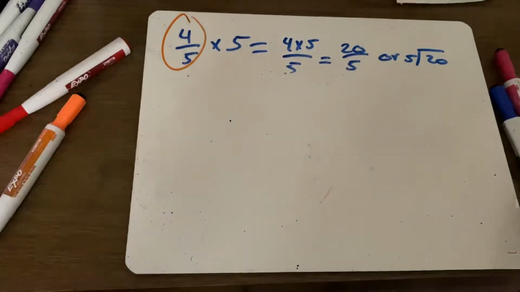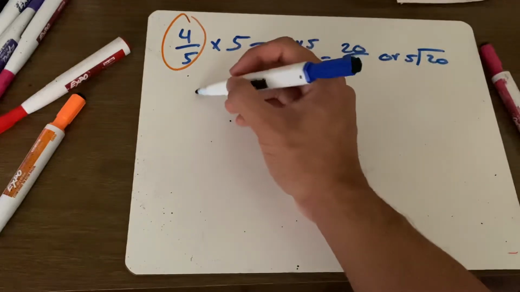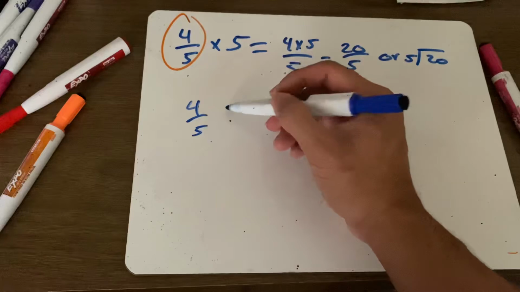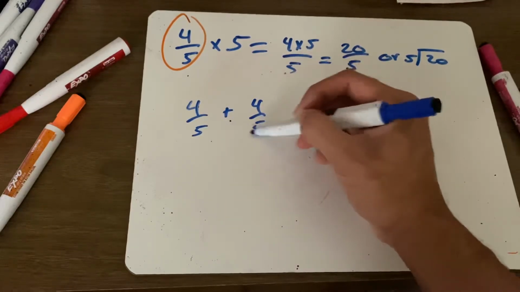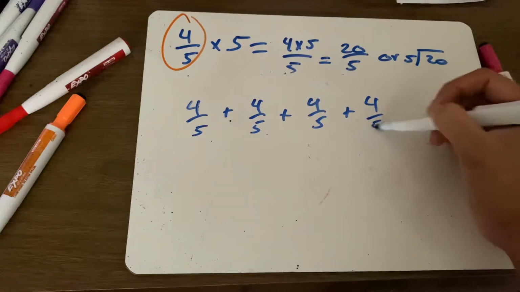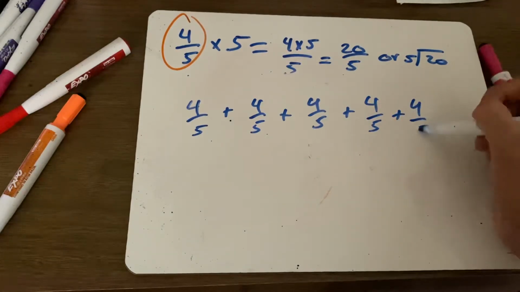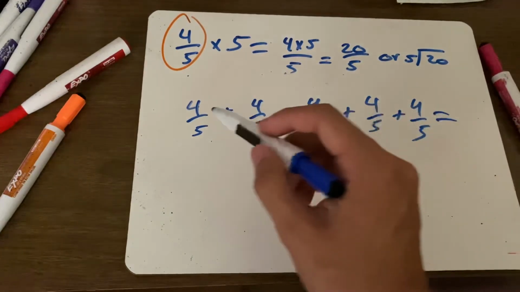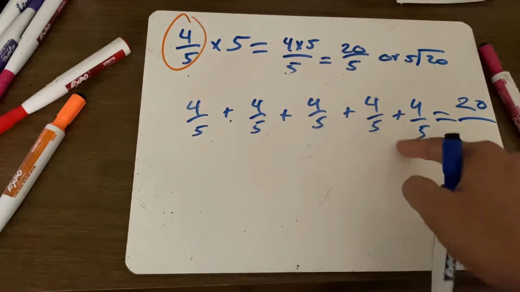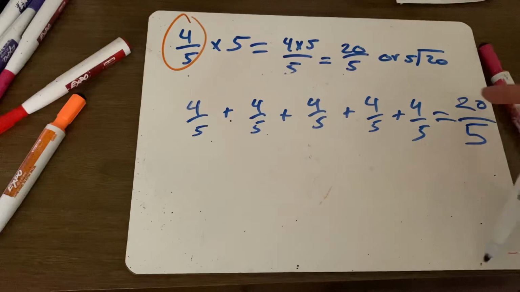Another way is if you did the addition method. You're multiplying by 5, so that means you're adding 4 over 5, 5 times. 4 over 5 plus 4 over 5 plus 4 over 5 plus 4 over 5 plus 4 over 5. You add those up, 4 plus 4 plus 4 plus 4, 20. Your denominator does not change. So it's 20 divided by 5.